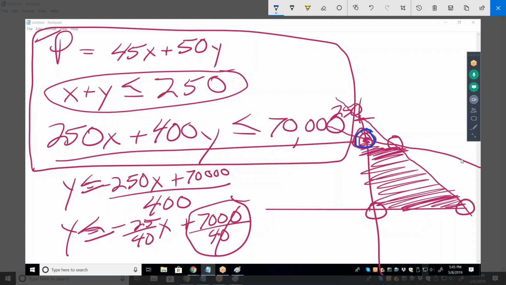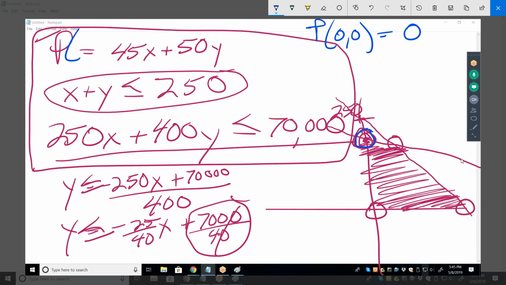They're not maximizing. Sometimes you're trying to minimize costs. So it's not impossible that your answer could be at the origin. But clearly, P of 0, 0 is 0. Okay?